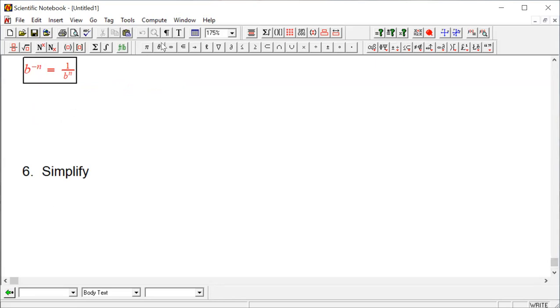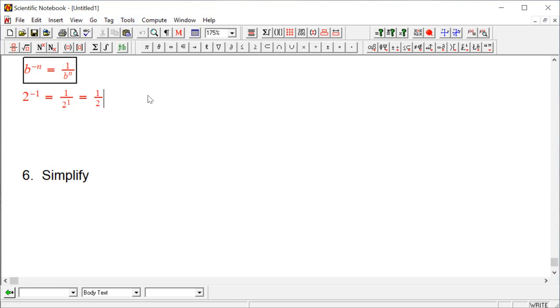Well, what does it mean as 2 to the power of negative 1? Right, b is 2, n is 1, and here we have a negative 1. Well, that's going to be just 1 over 2 to the power of 1. So it's really 1/2.